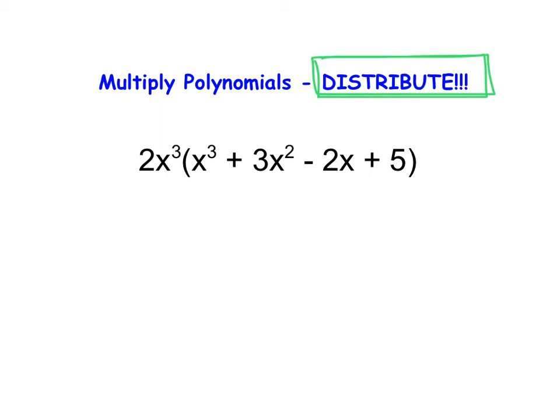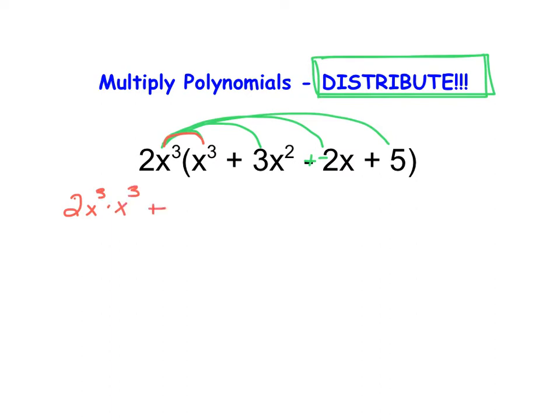And that's exactly what we do here. If we have a monomial out in front, we distribute it out to each term inside of that parenthesis. Now from here I'm going to utilize keep, change, change to ensure I don't make an error, but this is really all this is. We just have to slow down and think about it a little bit. So this first distribution here is 2x cubed times x cubed.